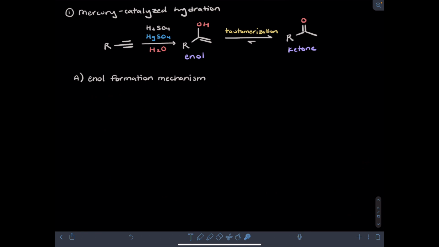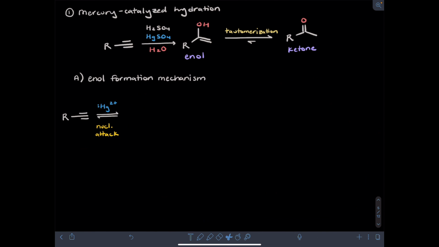This mechanism is a bit of a long one, and I'm going to break it down into two parts. I'll call part A the enol formation mechanism, just getting us from the alkyne to the enol intermediate. The first step of the mechanism is reaction of the alkyne with the mercury. This is going to be a bit of an unusual nucleophilic attack.